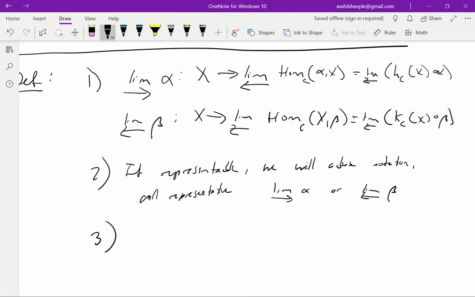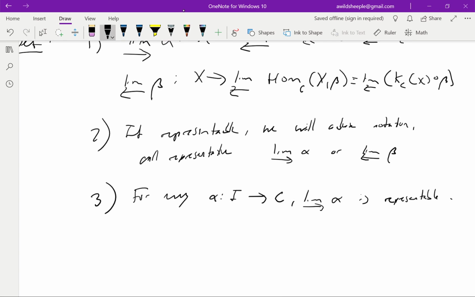And then finally, if we have for every α from any I to C that lim α is representable, in other words, for all possible diagram shapes, all these limits are representable, then we will say that C admits all limits, or more simply is complete.